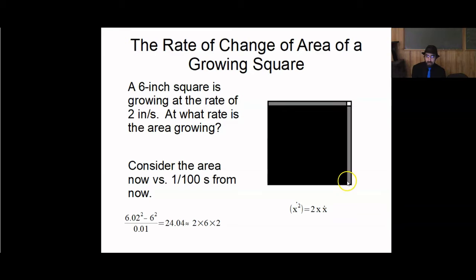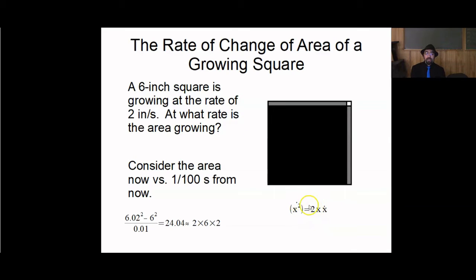We have another x here times this x dot. And then this little bit will be x dot times something too small to worry about. And that's the formula we'll need. X squared dot, the rate of change of x squared, equals 2 times x times x dot.